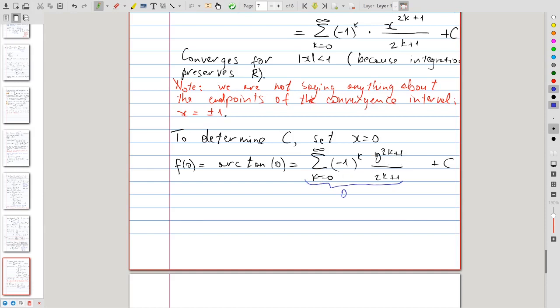So all these terms will be equal to 0. The entire series consists of such terms, so the entire series is 0 as well. And finally, inverse tangent of 0 is 0 again. And we conclude that 0 is equal to 0 plus c. So c must also be 0.